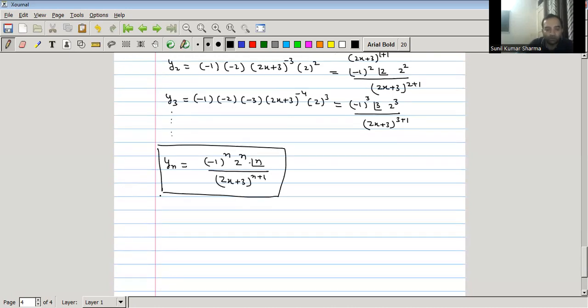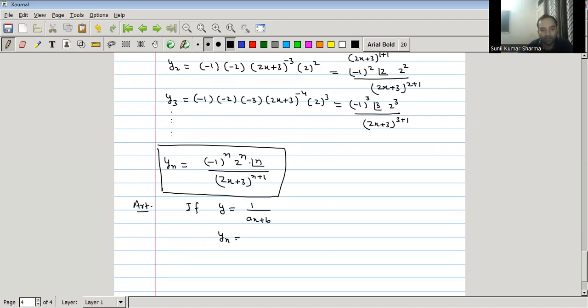So let us generalize this. If y is equal to 1 upon ax plus b, then prove that... So can you tell me what is yn here?